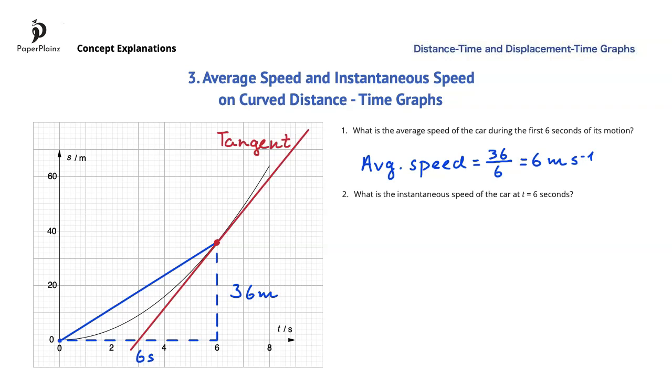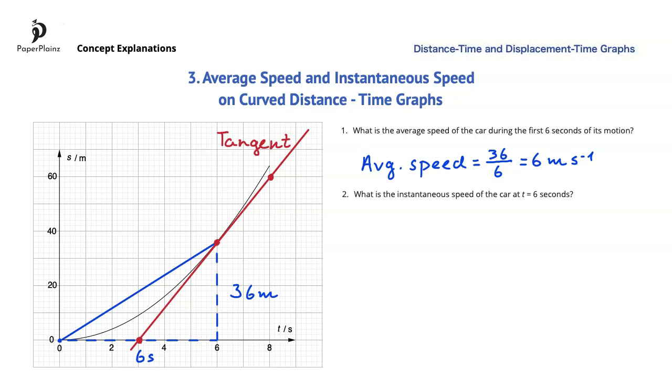To find the gradient, we can pick any 2 points on the line, and since on some questions it is expected that you pick points that are relatively far away from each other, here I will pick this point and this point. These are also good points to pick because they are at the intersection of major grid lines, so the horizontal and the vertical distance between them will give us whole numbers.